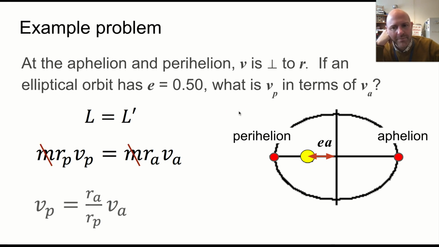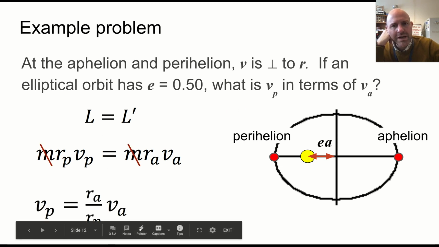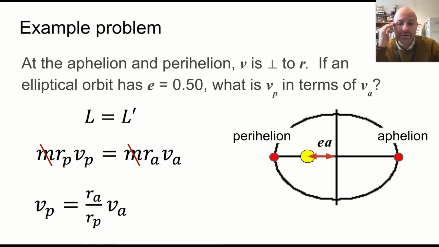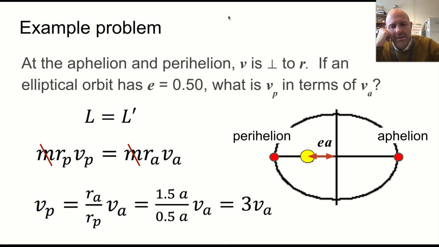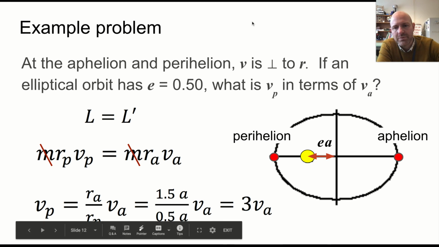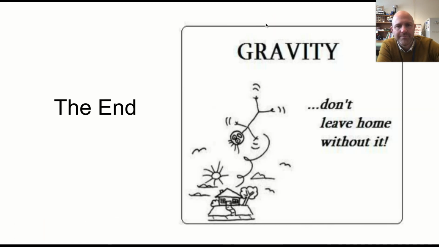The m's cancel out, and you see that it's just a ratio of the radii, or the orbital distances. And those distances, r aphelion and r perihelion, are related to the semi-major axis. Eccentricity has to do with e times a being that distance. If you're halfway there, you end up with 1.5a and 0.5a.